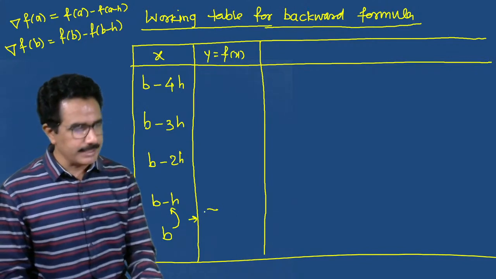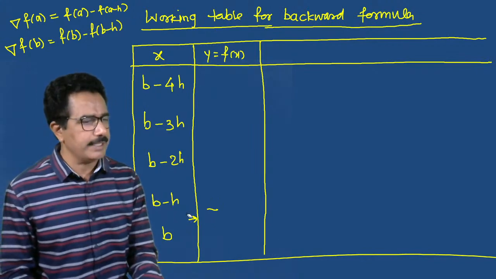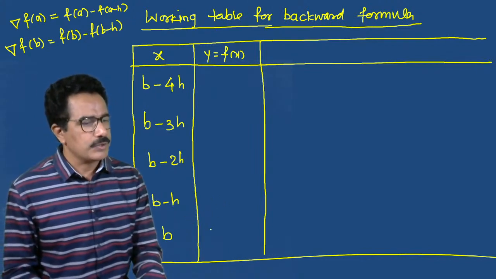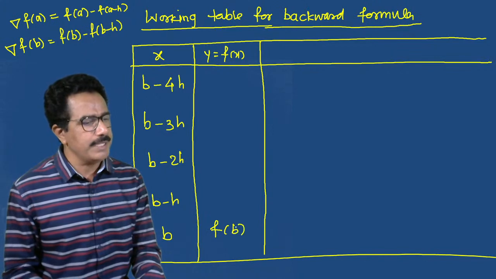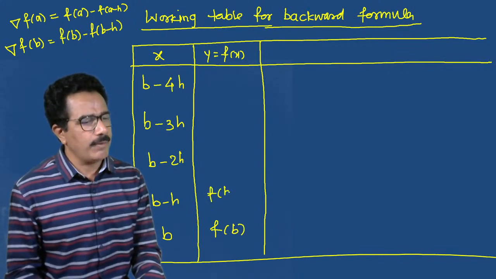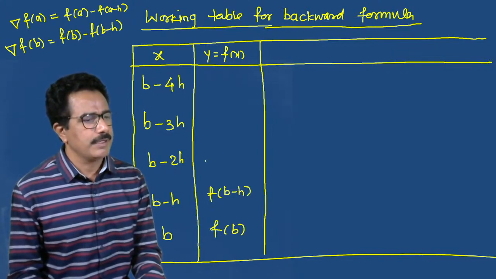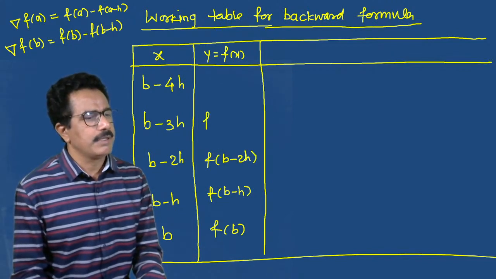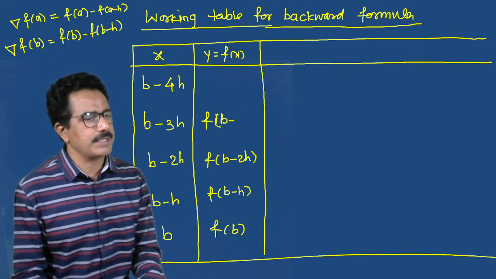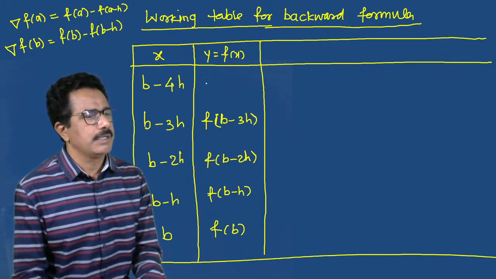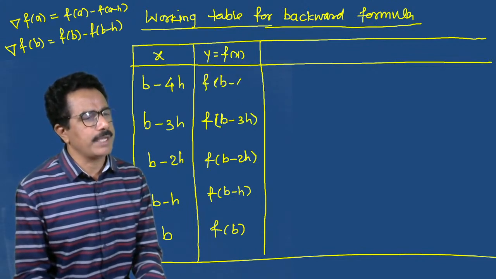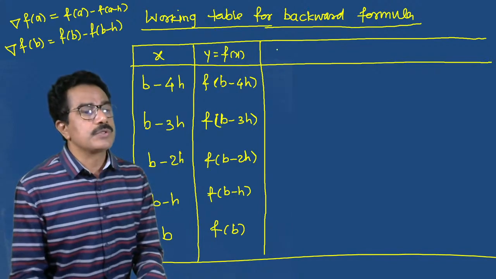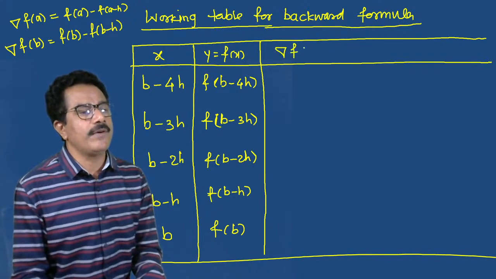First of all write the entries. Wait a minute, we forgot to write our entries. So it can be written as f of b minus h, f of b minus 2h, f of b minus 3h, f of b minus 4h.